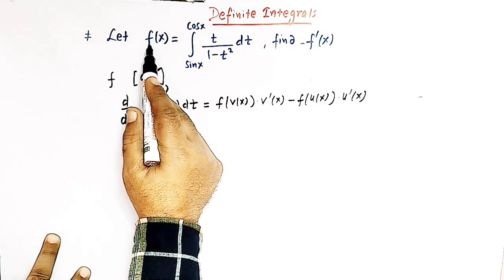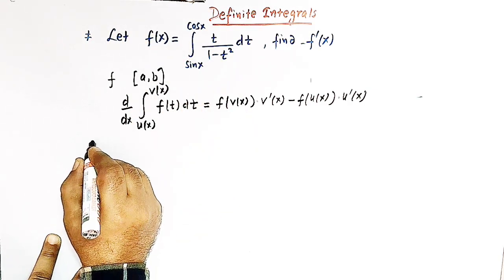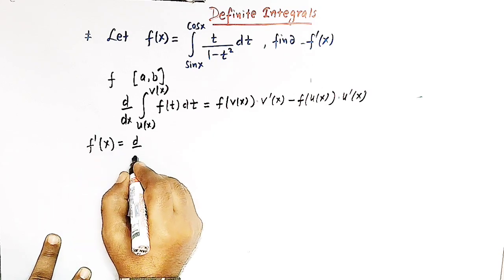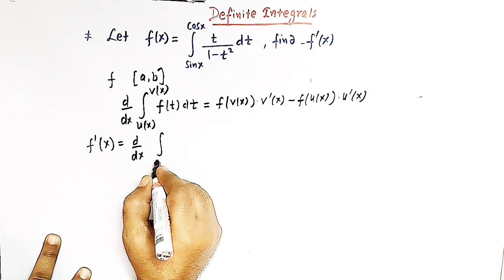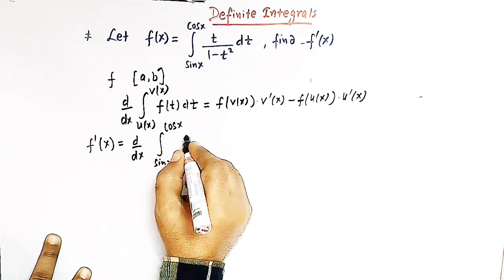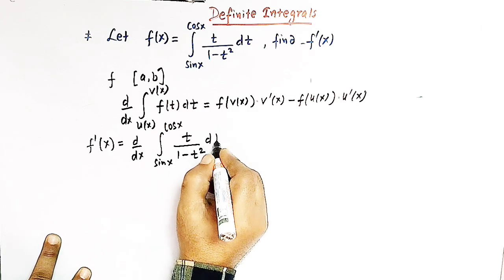So let us differentiate both sides with respect to x. So we have f prime of x, then we have d by dx of the integral from sine x to cosine x, and we have t over 1 minus t square, dt.